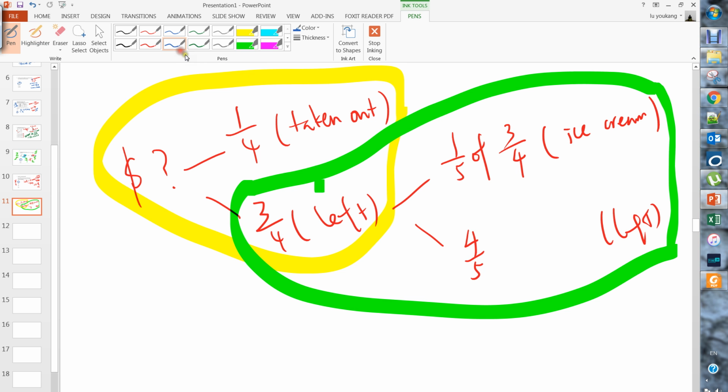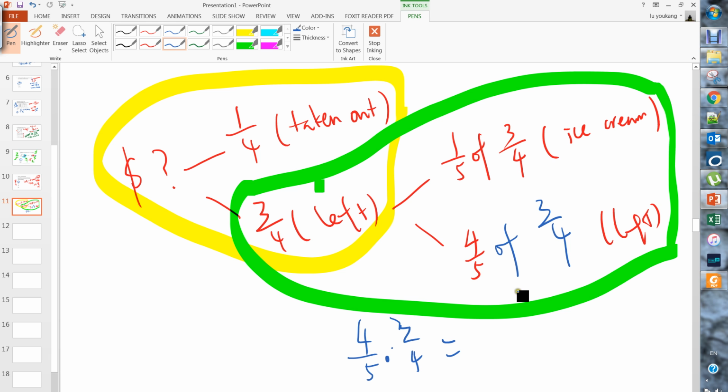So here is 4/5 of 3 out of 4. If I ask you what is the fraction that is left, do you choose here or here? Bottom. So that means it's 3 out of 5 of 3 out of 4.